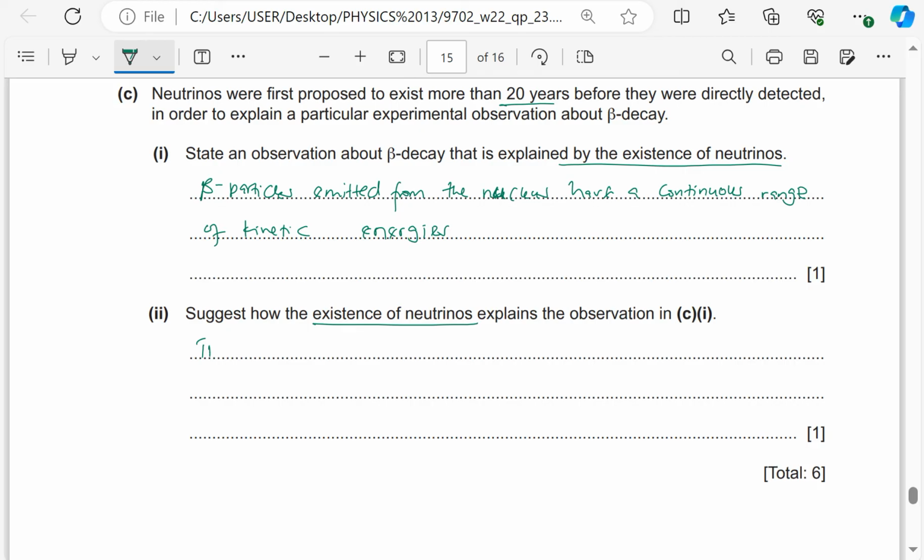So the emitted neutrinos take varying amounts of the same total energy released in the decay.